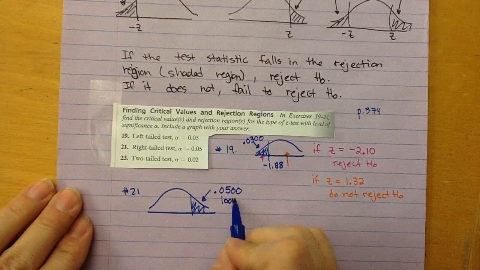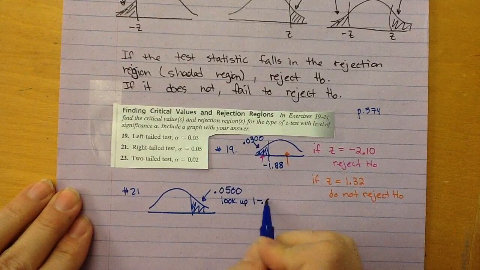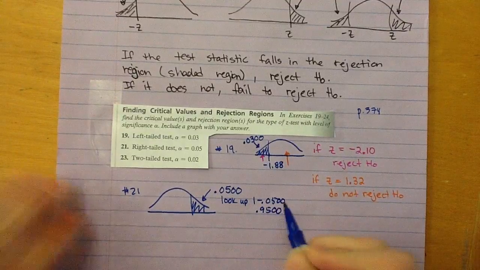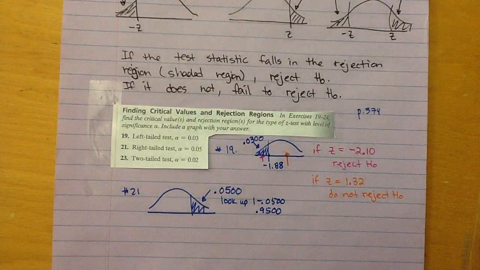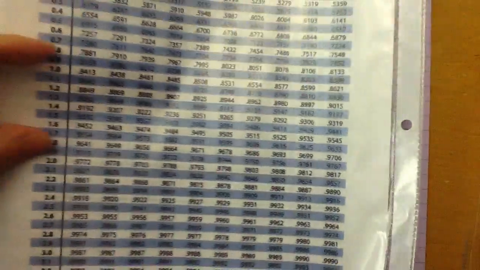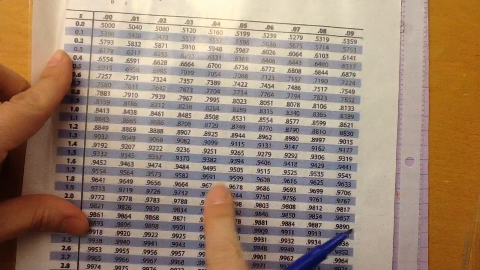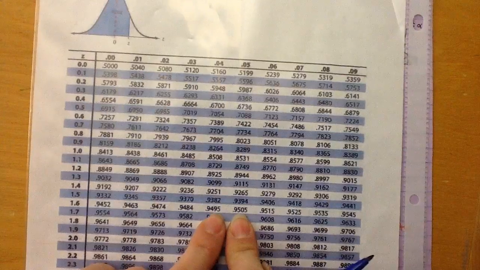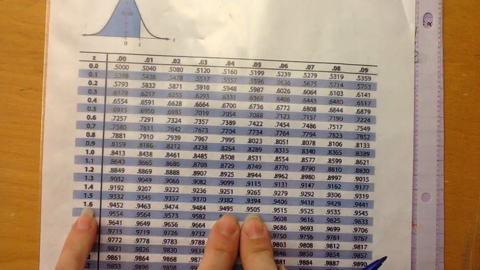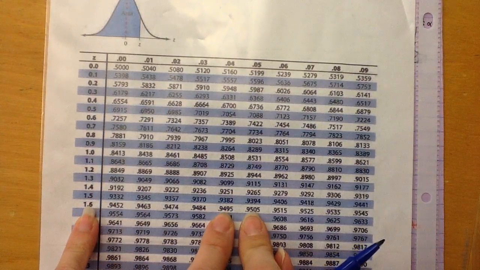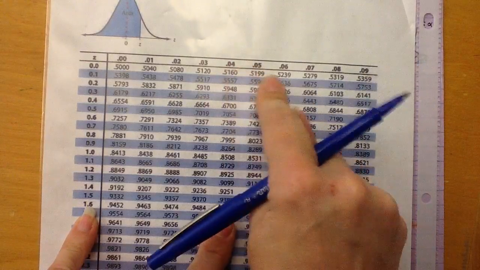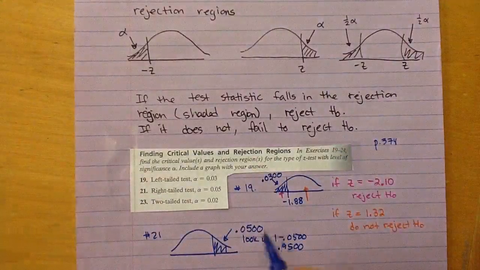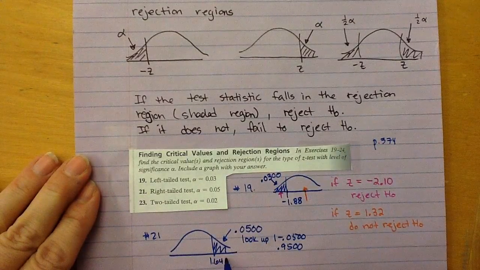So we're going to look up 1 minus 0.0500, so 0.9500. It's in between these two exactly. So remember, when it's perfectly in between, we do the mean of the two. So 1.645 is our z-score.